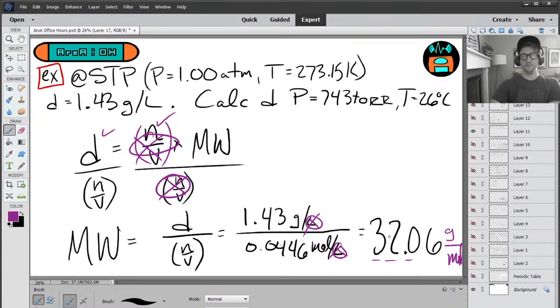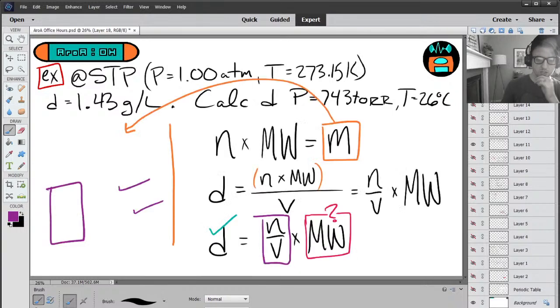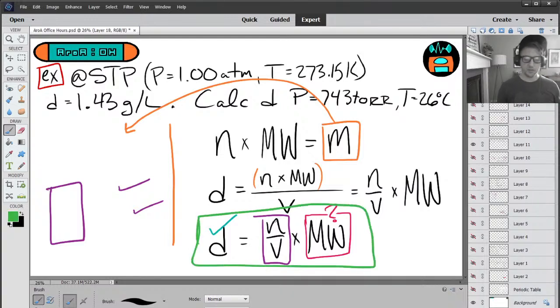Here's why we need it. Again, flashing back to the equations we derived, we know that density is equal to the mole to volume ratio, it's this guy right here, times our molecular weight.